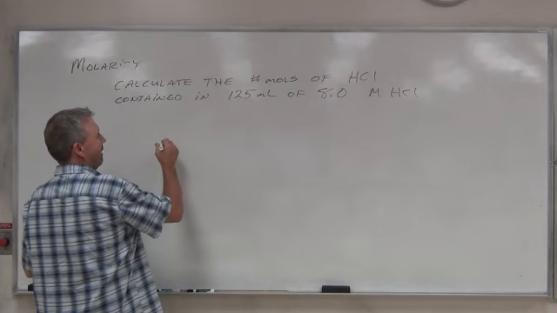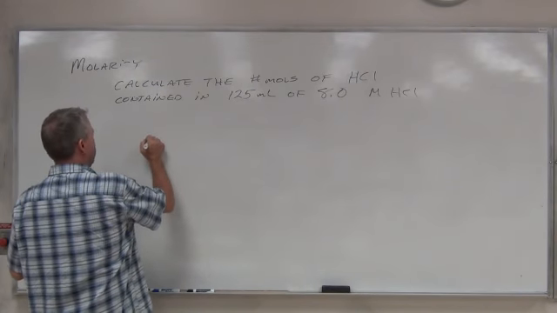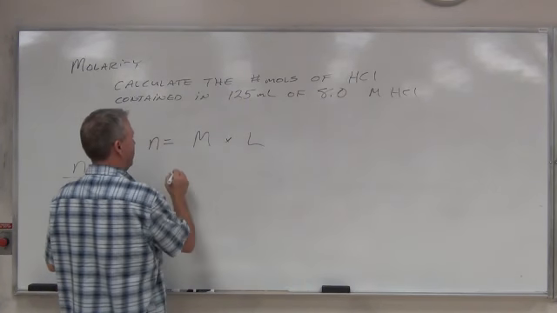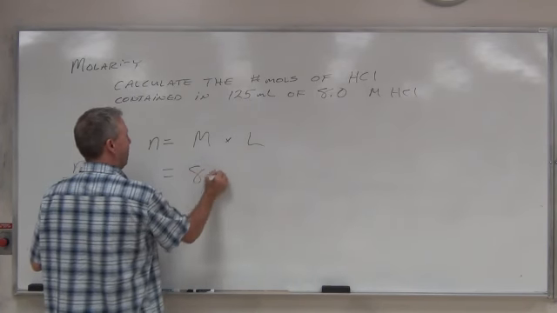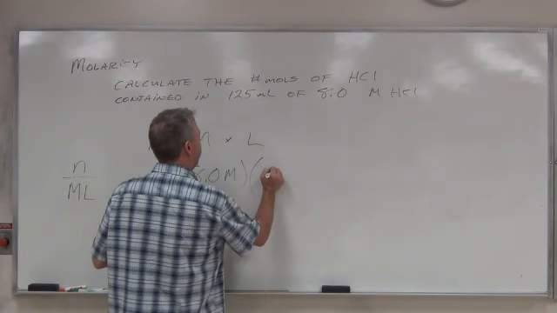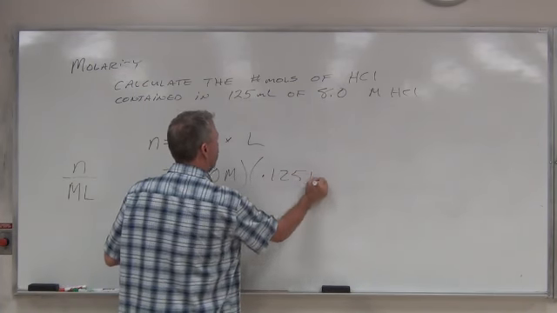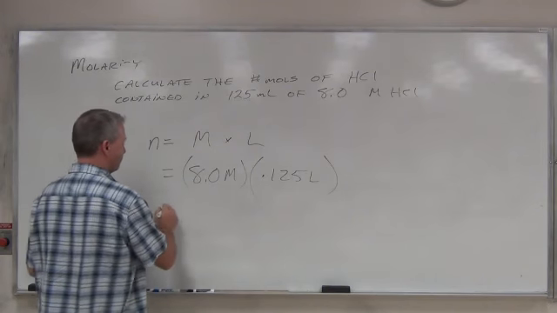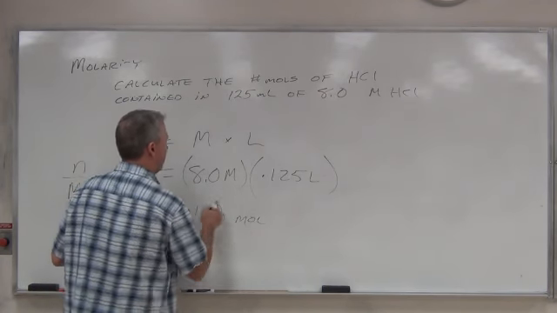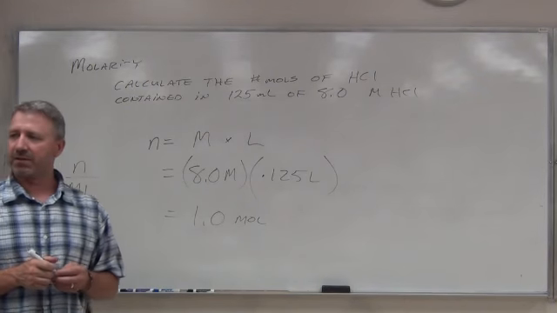So number of moles equals molarity times my volume in liters. This will be 8.0 molar times 0.125 liters, which equals 1.0 moles to the correct number of significant digits.